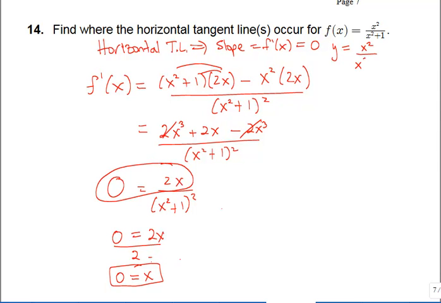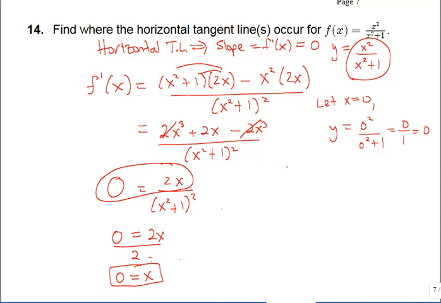So if you ever want to know a y coordinate, you always want to go back to the original function right here. So we're going to let x be 0 and find out what that forces y to be. If I substitute in 0 for x, I'm going to get 0 squared over 0 squared plus 1, and that's just 0 over 1, or 0.